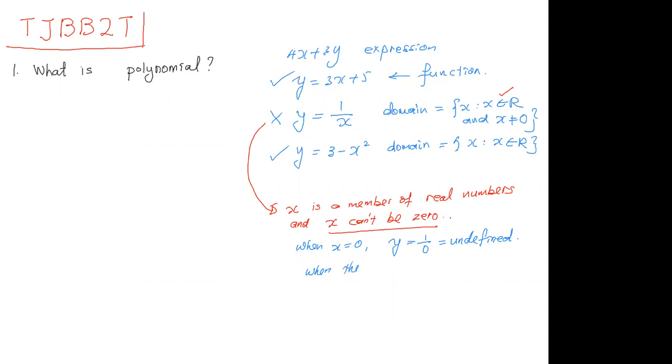When the object x equal to 0, the image doesn't exist. So if an object has no image, that means that cannot be considered as a function.